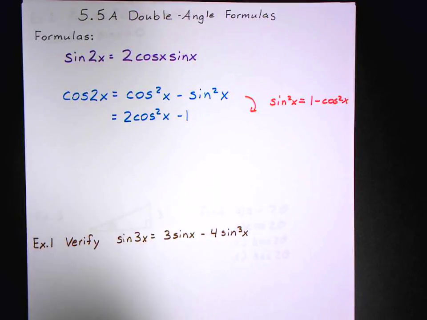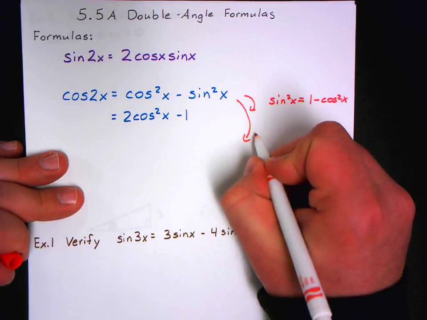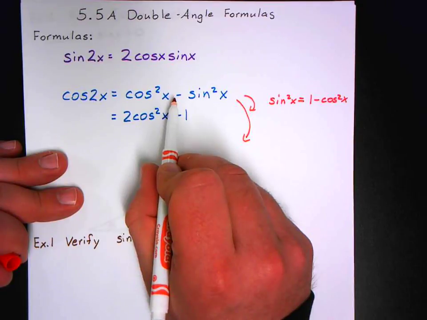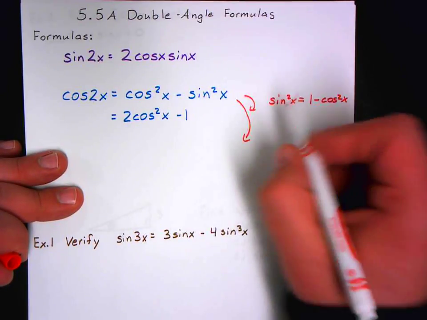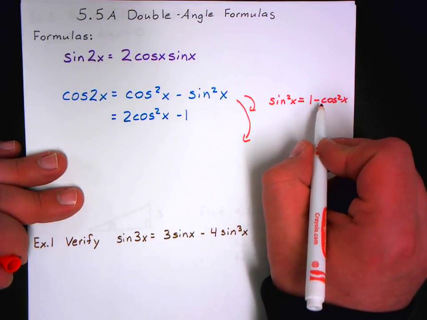The other way is if you take and you replace, this has a minus, right? So whenever I have this times a minus, this would become a minus 1 and this would become a plus cosine.